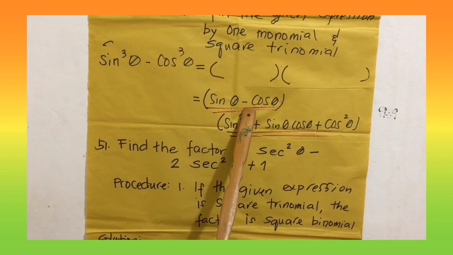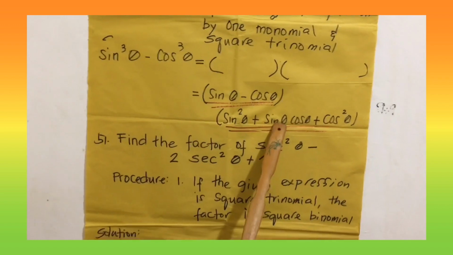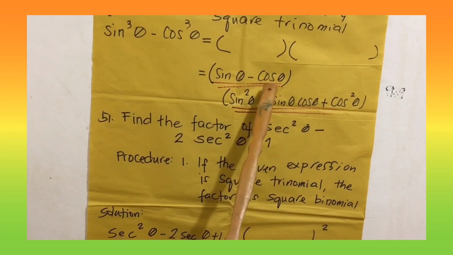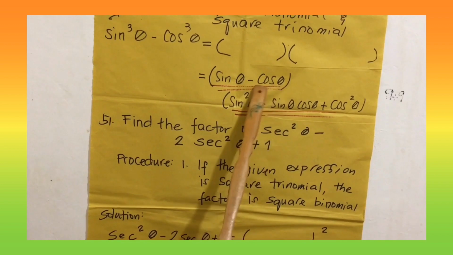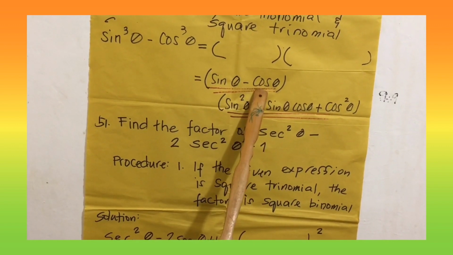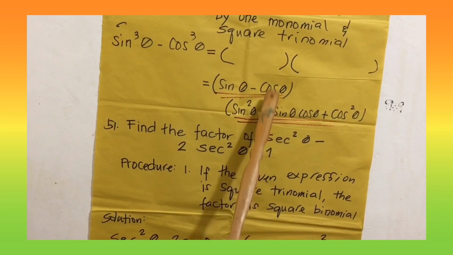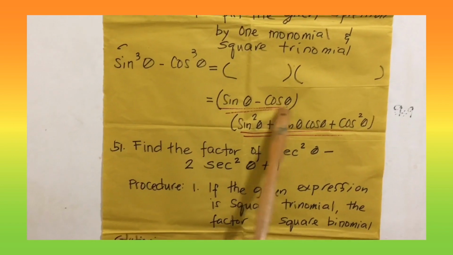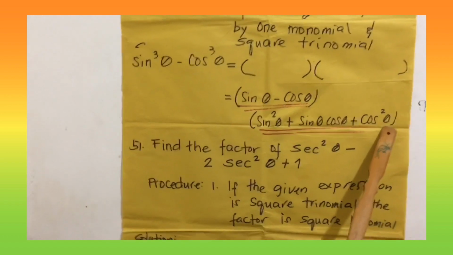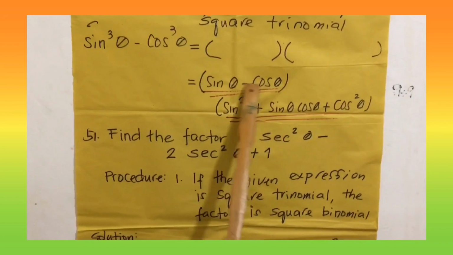Sine theta times cos theta, we have sine theta cos theta. Then we're going to square the cos theta, negative cos theta squared, negative cos theta times negative cos theta, we have positive cos squared theta. So this will be our answer.